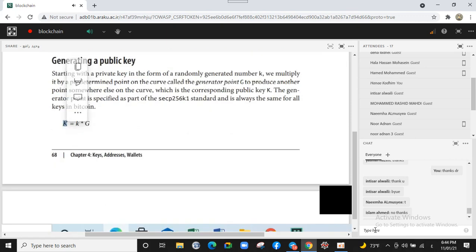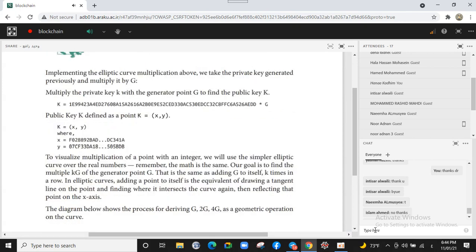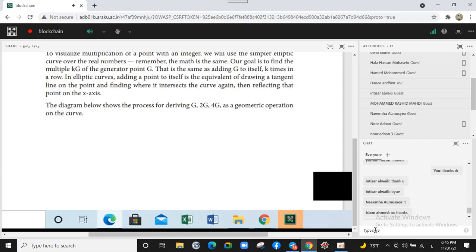Hashing of this public key will be our address. So you can read this part to understand how it works. If you don't know what this algebra is, what the math behind this approach is, don't worry, it's not important.